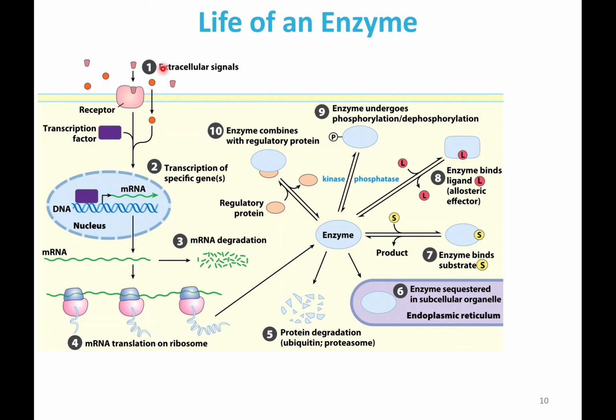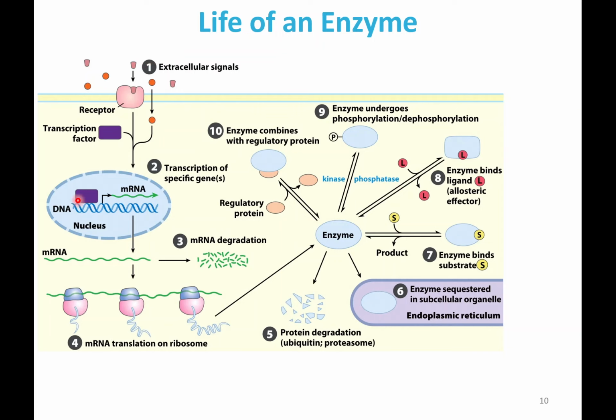So first, you need to have some sort of an extracellular signal, typically, that comes in either directly into the nucleus or hits a receptor in the membrane, and then that triggers a transcription factor to go into the nucleus. Okay, so the extracellular signal telling the cell to make that enzyme.